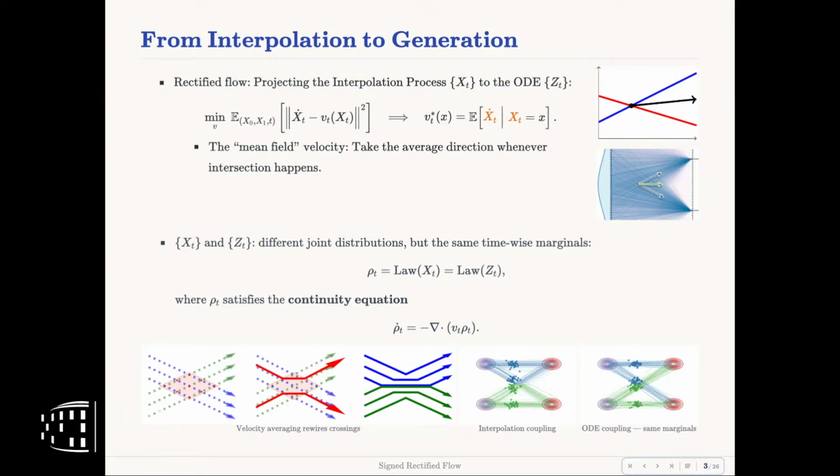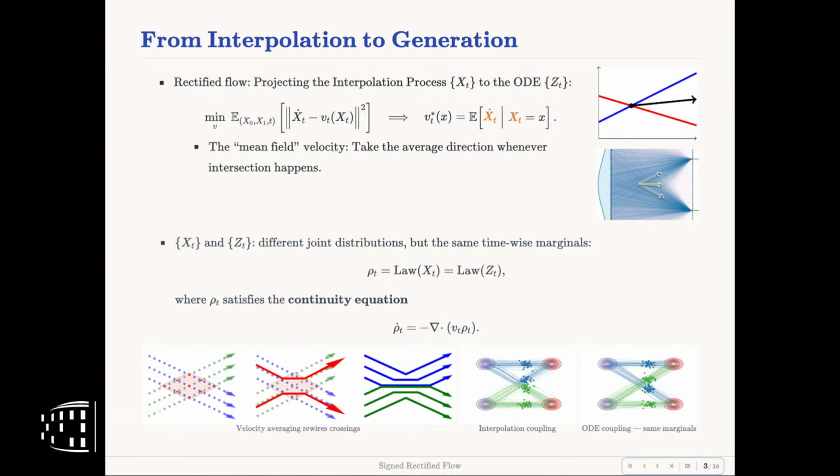A key property is that you can view this whole thing as a transform from one stochastic process, which is the interpolation process xt, to another process, which is the ODE process zt. Obviously, there are different trajectories now. They have different joint distributions, but they actually have the same marginal distribution, and this is kind of well known.